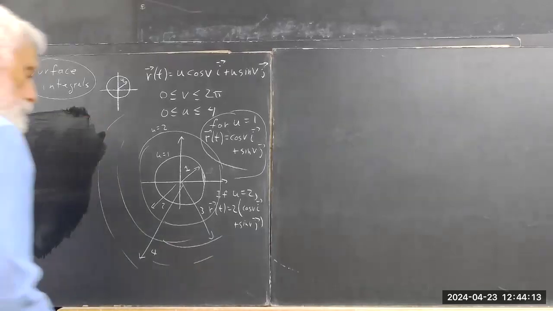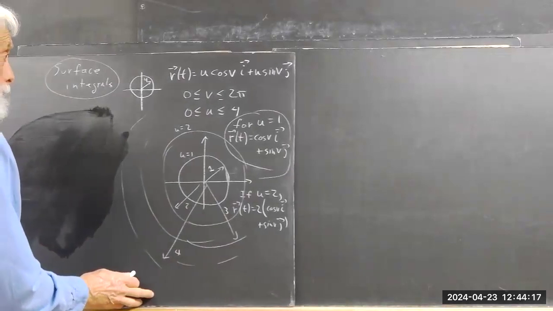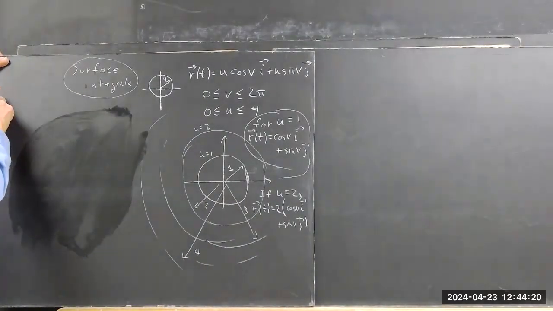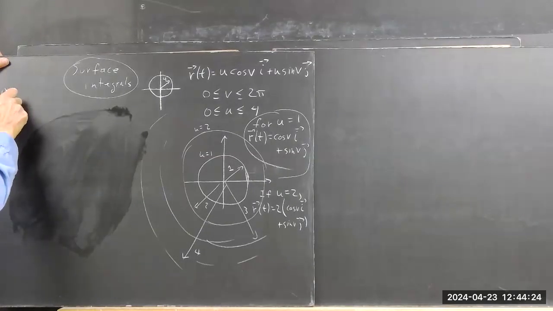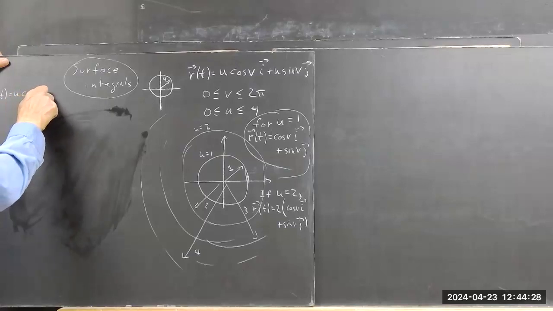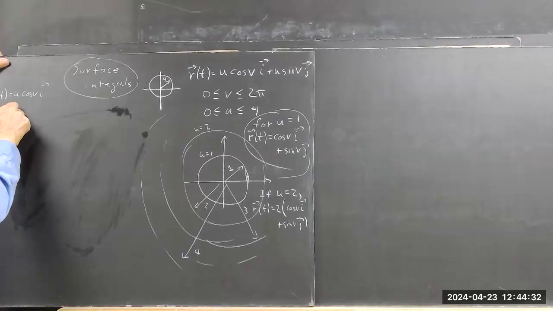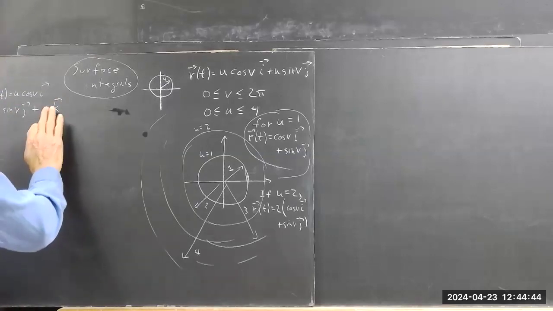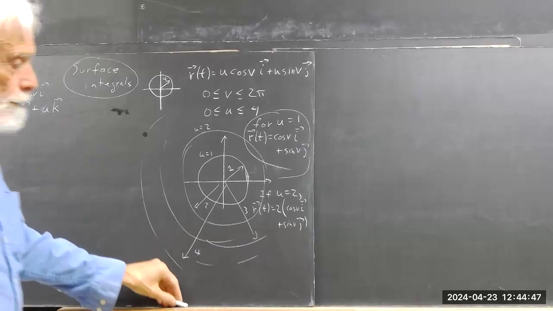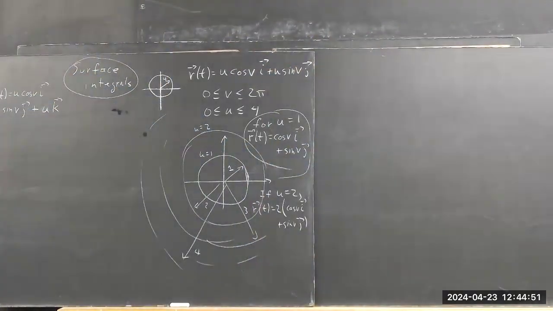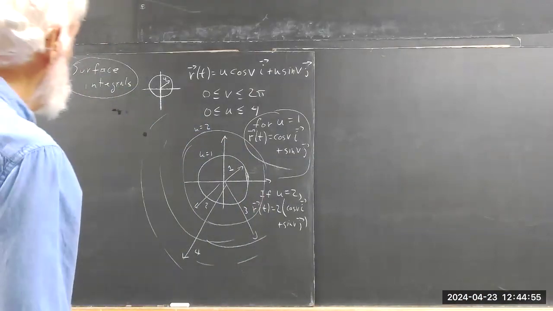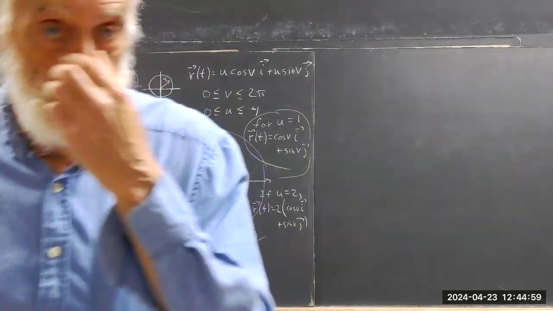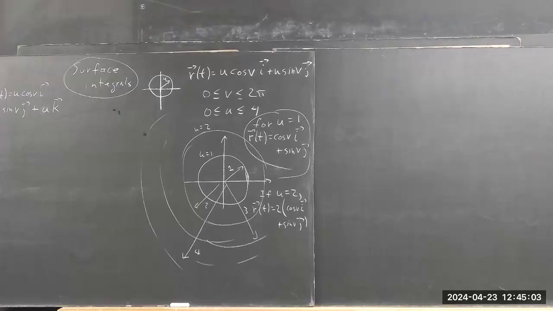And now what do we get in 3 dimensions? We trace out this vector for the same values of U and V. We might just start with the question, what do we get for U equal 1?